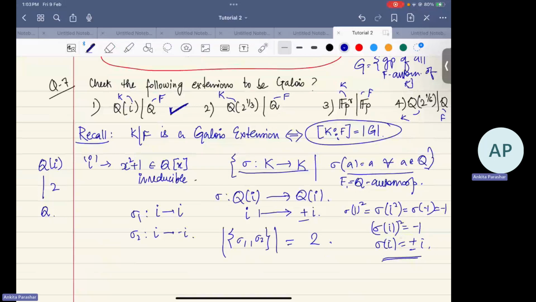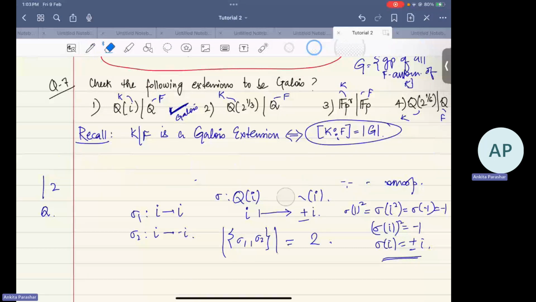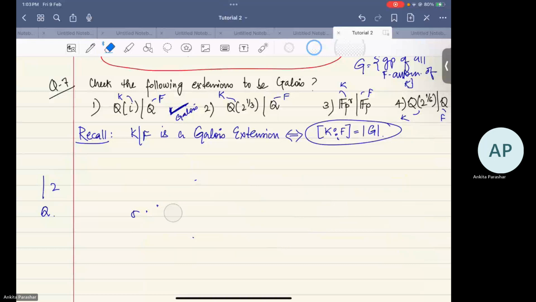Can you check for Q(2^(1/3))? Is this Galois? Let's change the extension now to Q(2^(1/3)). First of all, what is the degree of this extension? Can you check?